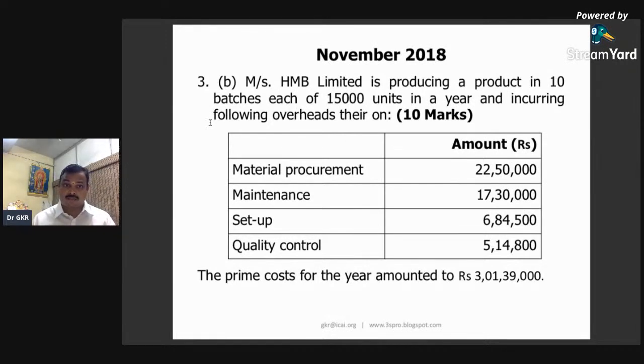Machine setup cost 6,84,500. Quality control expenses 3,14,800. The prime cost is 3 crore, 1 lakh, and 39,000. So this is your data. A product in 10 batches, each of 15,000 units in a year.